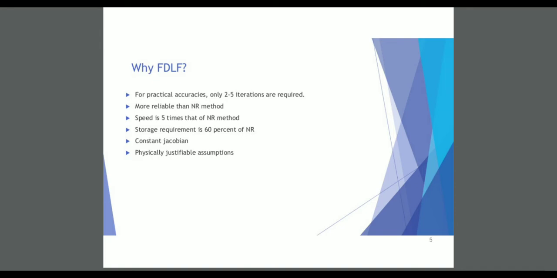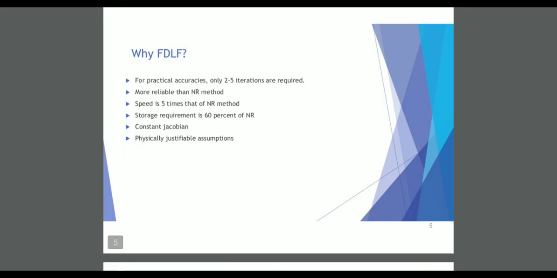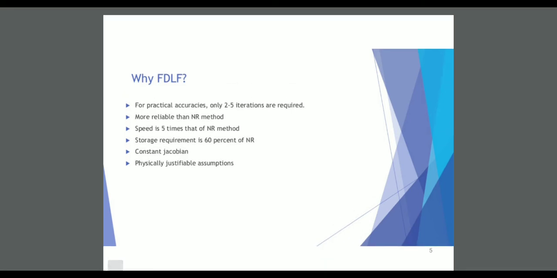The speed of the fast decoupled method gives you the solution very fast when compared to the others, because the number of iterations performed for this method is very few, and the assumptions made in this method are very few when compared to the other methods. And the storage requirement of this method will occupy only 60% of that of the NR method.